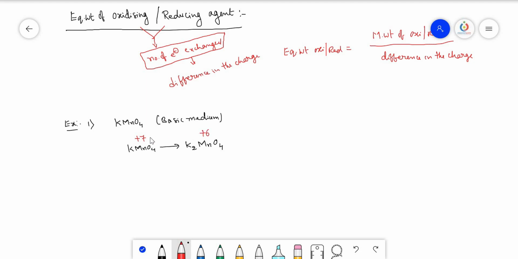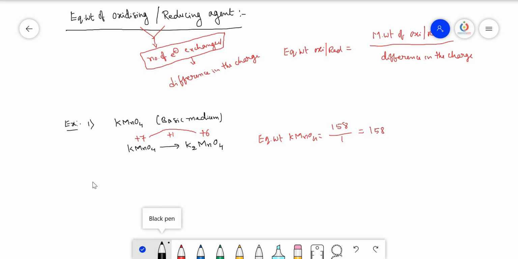So the difference in charge is only 1. Now the equivalent weight of KMnO4 in basic medium is equal to its molecular mass, 158, divided by 1, because the difference in the charge is only 1. So 158 by 1 equals 158.